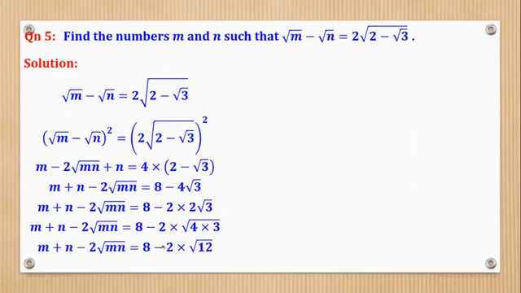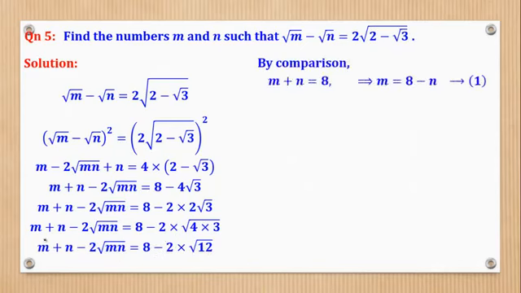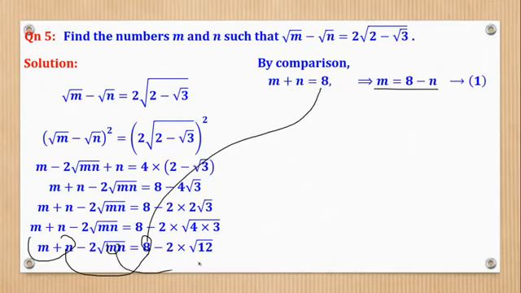Then you'll come up with this. I think now it is similar because we have a 2 here, and a square root. Meaning I can now compare. m plus n is equal to 8, implying that m is 8 minus n. Then here mn is equal to 12.